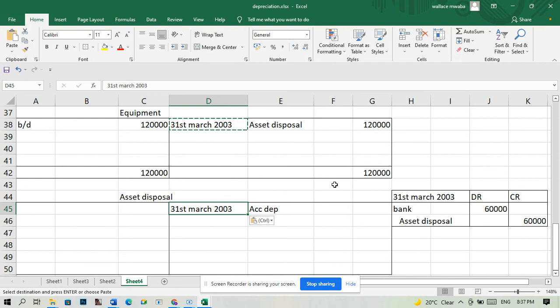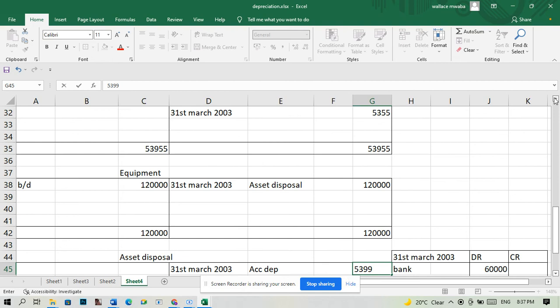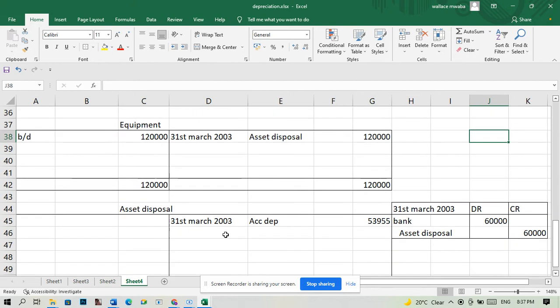Accumulated depreciation was 59,955. That's asset disposal.